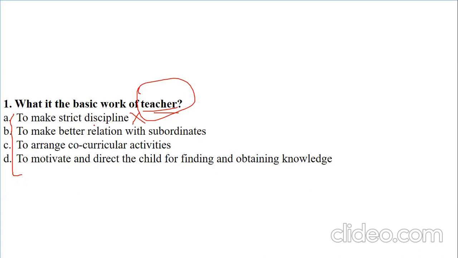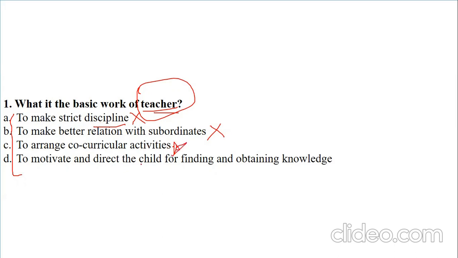Strict discipline is needed but not strict, so this option goes. To make better relation with subordinates, no, a teacher has a lot of work other than that, so this option also goes down. To arrange co-curricular activities, yes, you can think of this option, but let us go to the last option and check what will be the best answer.